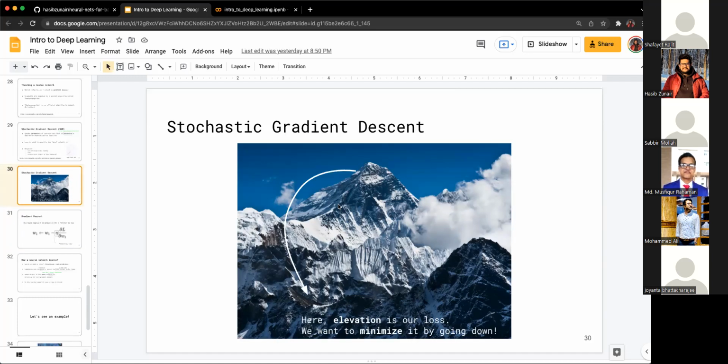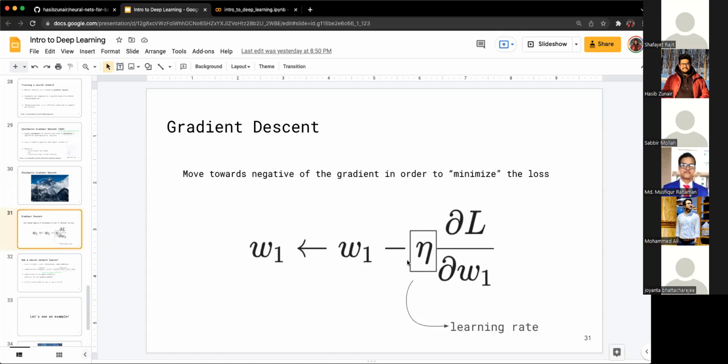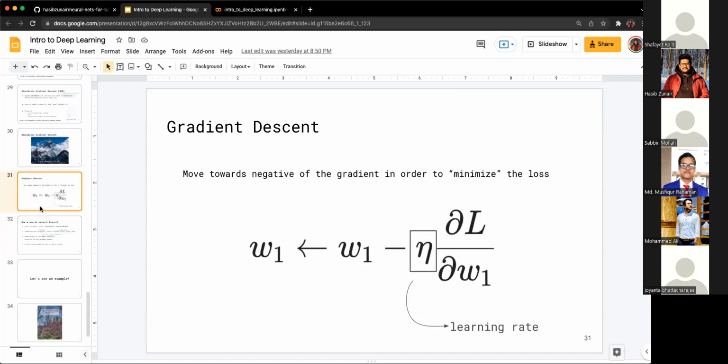You want to take small steps and then reach your goal. There's also this drawback that if you set it too small, you're going to take too small steps and it's going to take a lot of time for you to reach your goal. So there's this trade-off, and you really need to experiment with this in order to get it to work. There's no fixed value that is going to work every time. It depends on your task, problems, and everything.